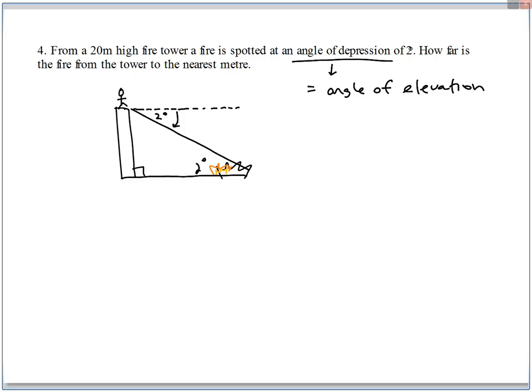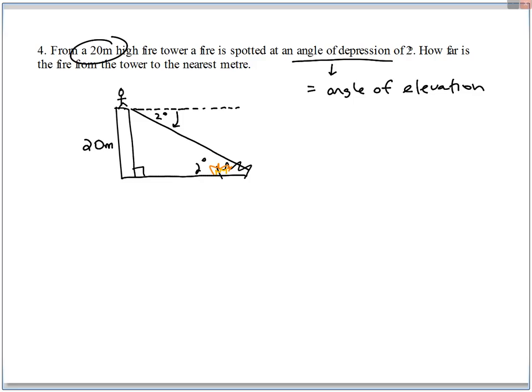So how far is the fire from the tower? Okay, first of all, where does this 20 go? The tower. 20 meters. Then it says how far is the fire from the tower? So this is confusing. It's not clear.